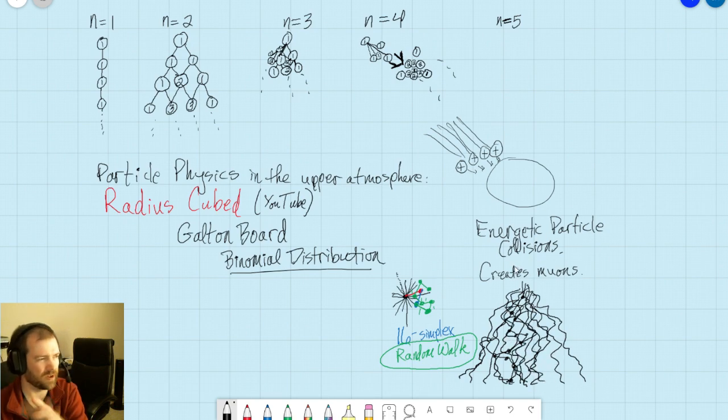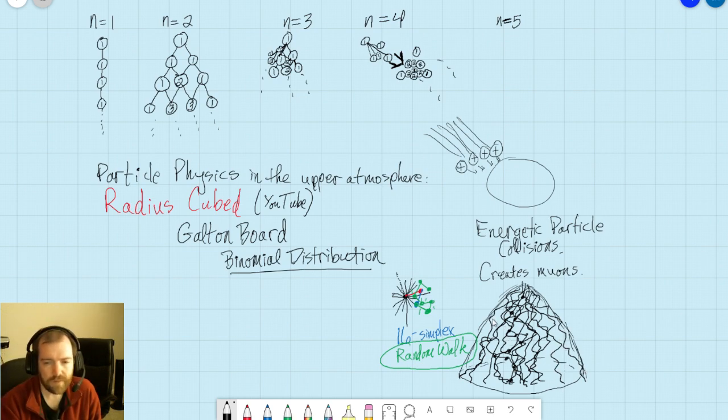Ends up creating something that looks roughly like this. And it is almost exactly this paraboloid shape. It's a super interesting paraboloid shape, which in theory has an outer bound that is actually a cone.